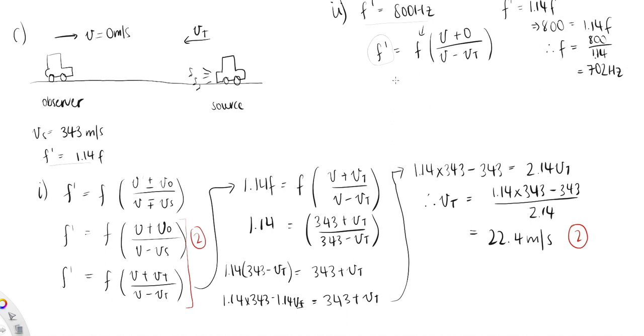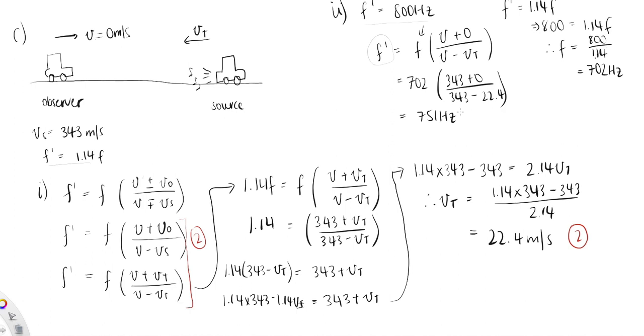So then we can put that straight into this equation, along with everything else. And then when we do that, we get 751 hertz. So that's answering the first part. What frequency does he hear now?